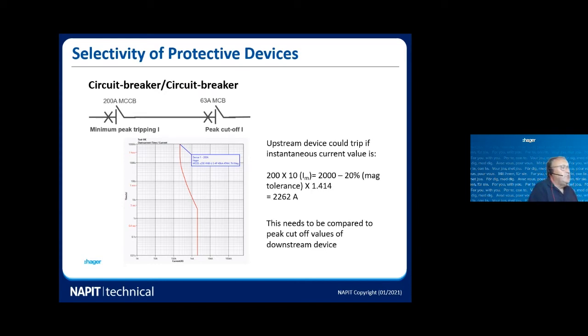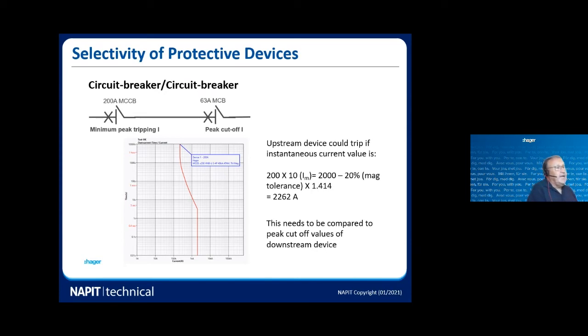Now, when you show time current characteristics as shown here, you have to be very careful, because the magnetic tolerance is quite large. The magnetic tolerance is plus or minus 20%. It depends what we're trying to calculate whether we use plus 20% or minus 20%.